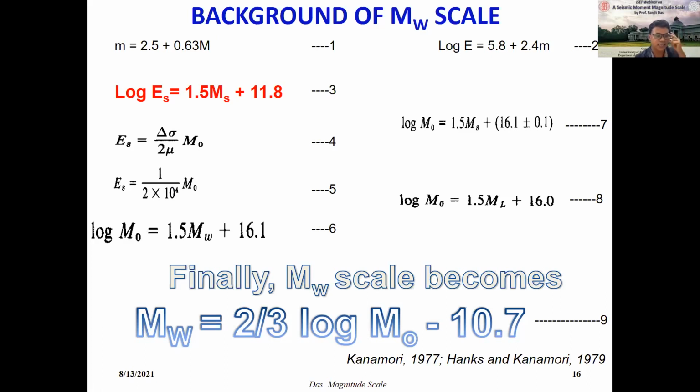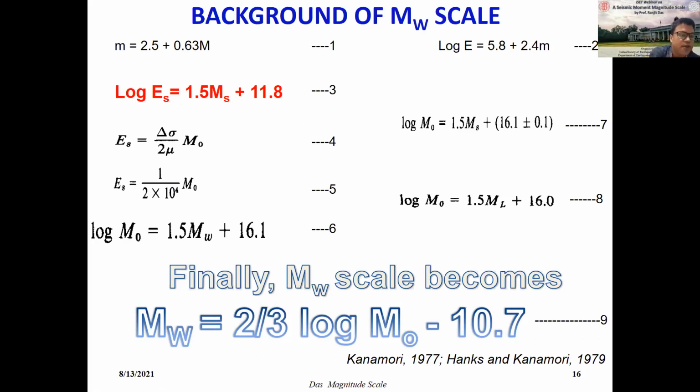What he considered is that the stress drop and the shear modulus are the same, a constant value. So he considered a constant value and put this in equation 3, log of energy in surface waves. This famous formula, putting this value of equation 5 in equation 3.